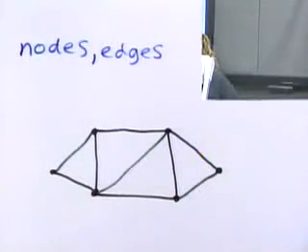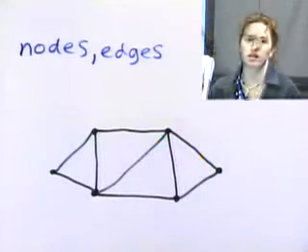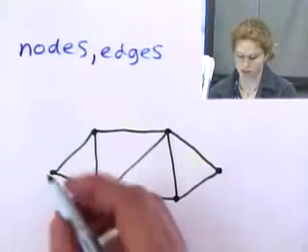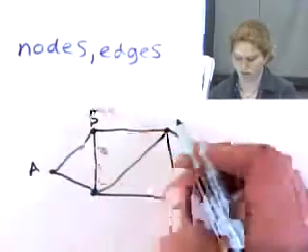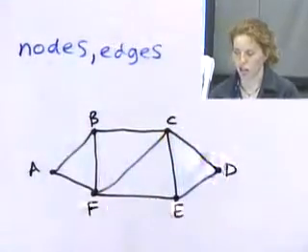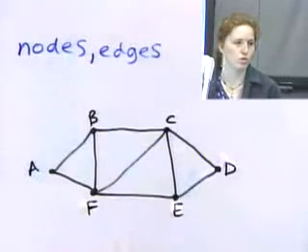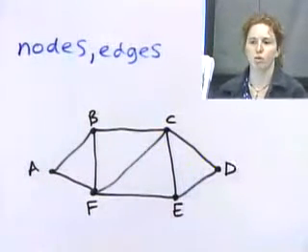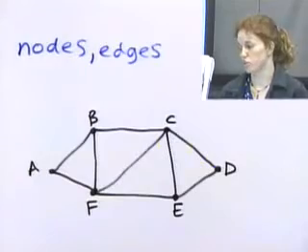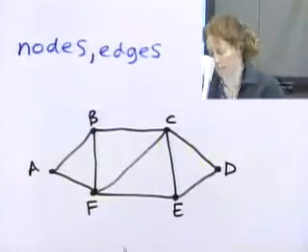What is something else that you might want to know about these cities and the interstates that isn't really marked on here, besides the names of the cities? Distance between them. Right, distances. So we can actually label the edges with weights or distances or any other number that we might want, like prices. So numbers we can assign to the edges will be called weights.